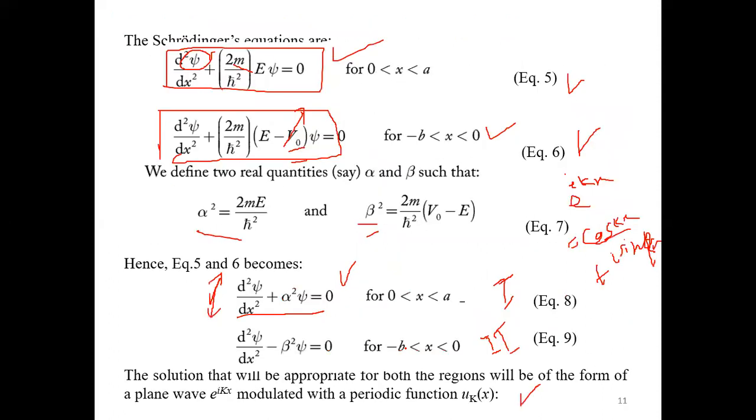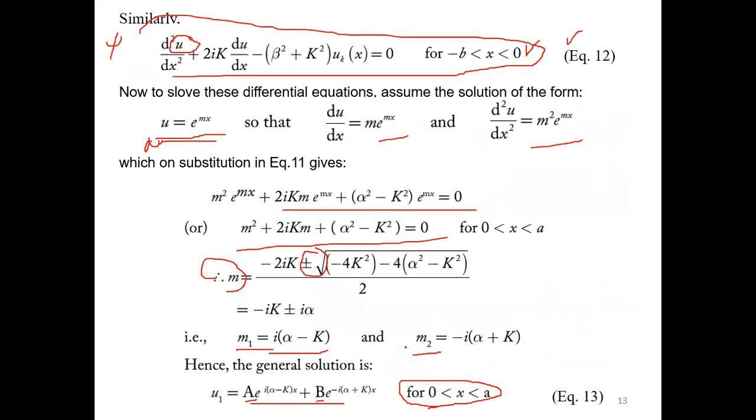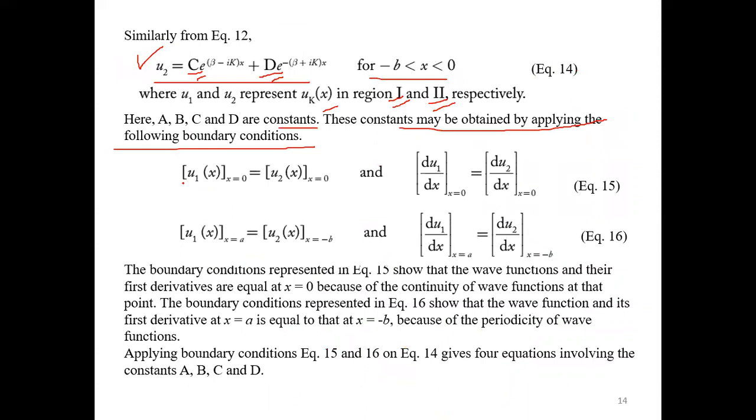So the value of U1(x) at x equal to 0 and U2(x) at x equal to 0 should be continuous, they will be the same, and also their first derivatives will be the same. And the value at x equal to a and x equal to minus b is also the same.